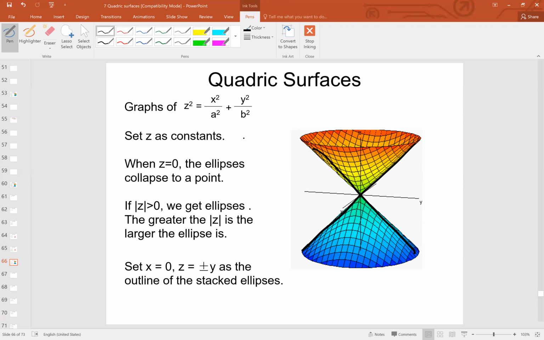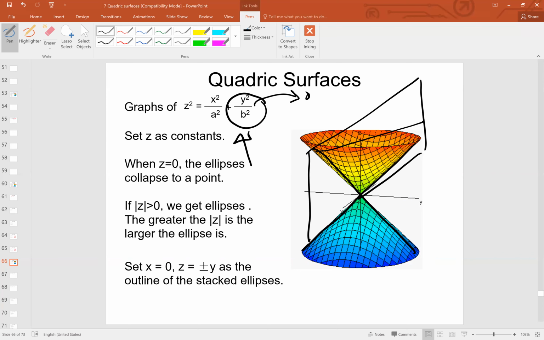Why? Well, because if I were to set one of the variables, y, to be 0, that is, cut this surface with the plane y equal to 0. Here's the y-axis. Here's y equal to 0. If I cut through this, what it's going to cut through is a straight line on this surface, with the other one you can see in the back.